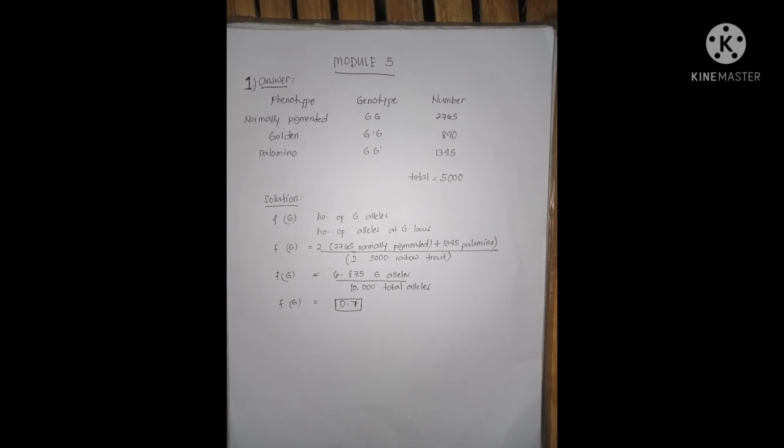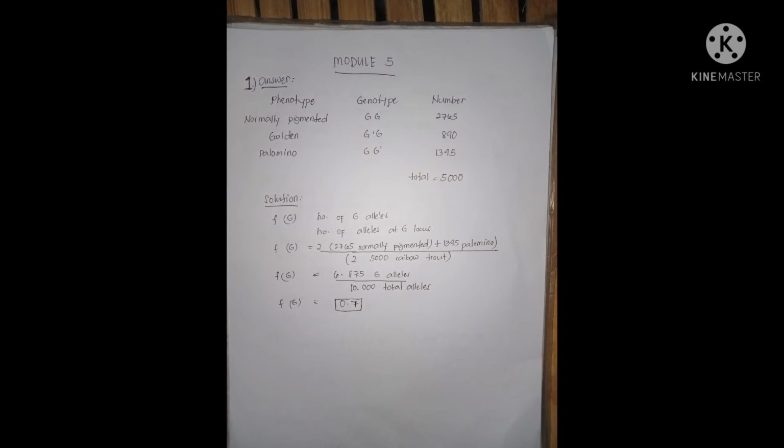Module 5 answer. Number 1. 2,765, 840, and 1,345. Total niya is 5,000. Solution. Frequency of G allele, number of G alleles. Frequency equal to 2,765 yung normally pigmented niya plus 1,345 yung palomino niya over 2, over ng total niya is 5,000.